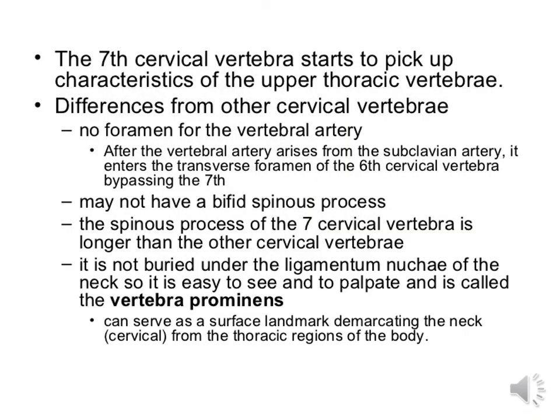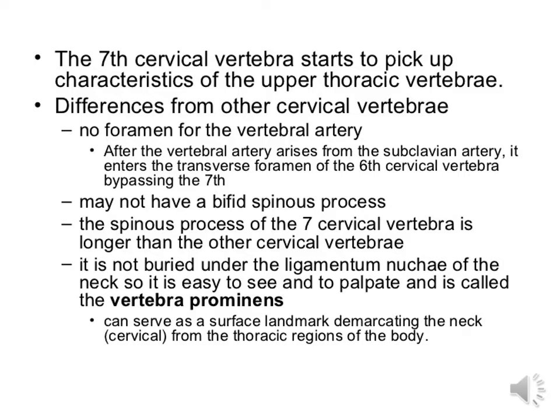The 7th cervical vertebra starts to pick up characteristics of the upper thoracic vertebrae. The difference from other cervical vertebrae is that there is no foramen for the vertebral artery. After the vertebral artery arises from the subclavian artery, it enters the transverse foramen of the 6th cervical vertebra, bypassing the 7th cervical vertebra. It may have a non-bifid spinous process.